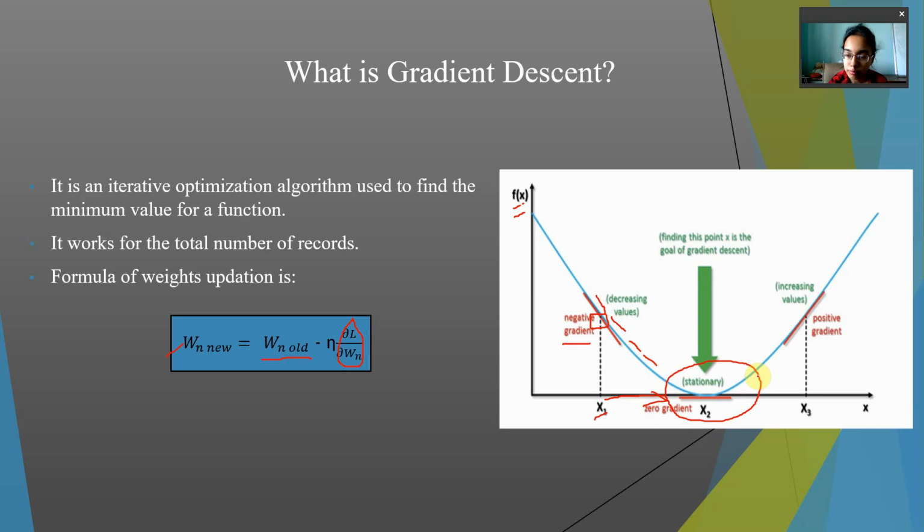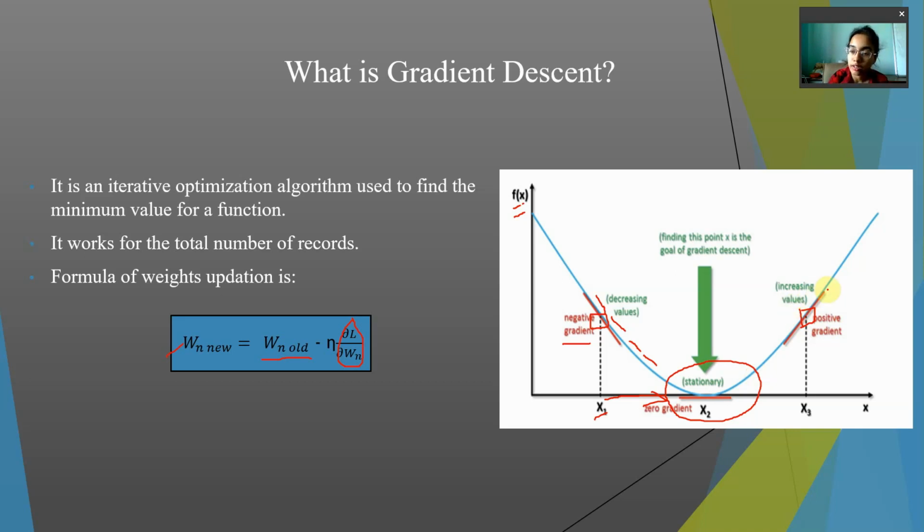Now let us consider that we have initialized our weight at this point. Okay, again we will draw a tangent passing through that point, and we will look at the right side of the line, and after drawing the tangent at the point, we see that the right side of the line is pointing upwards.